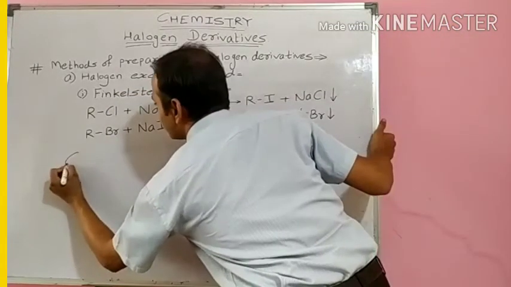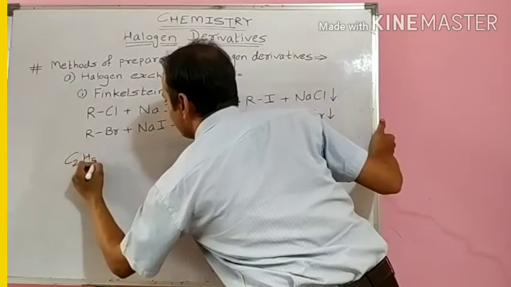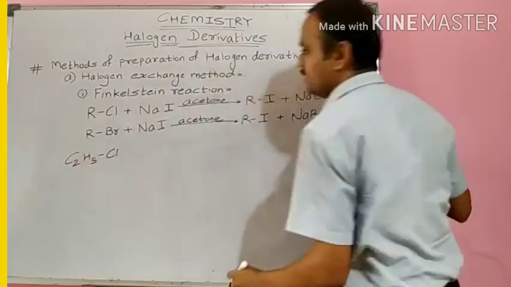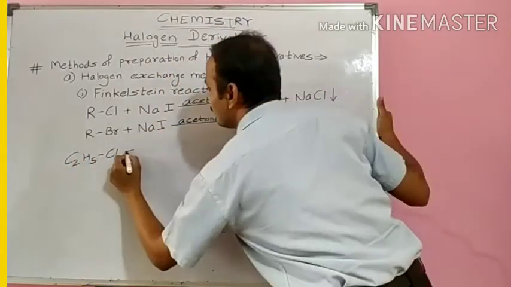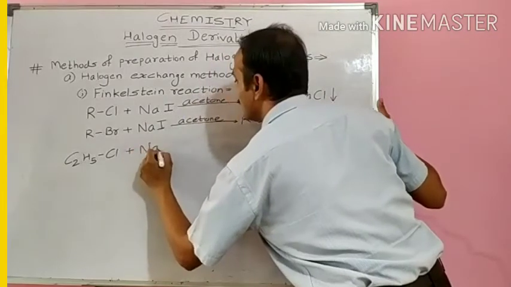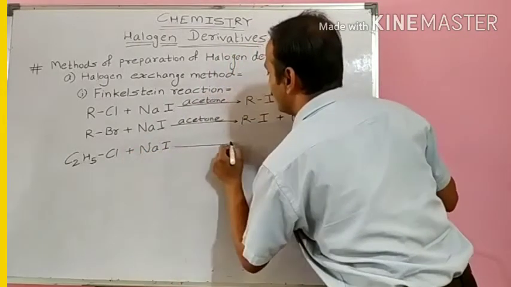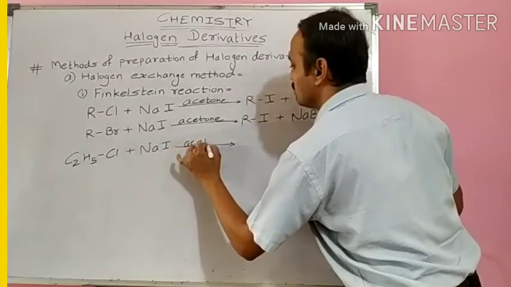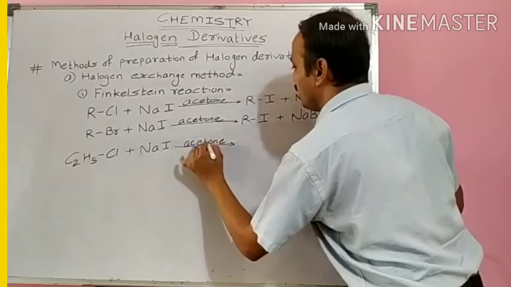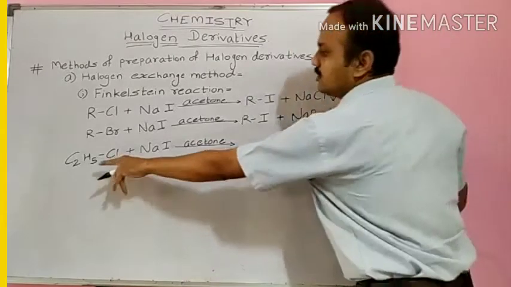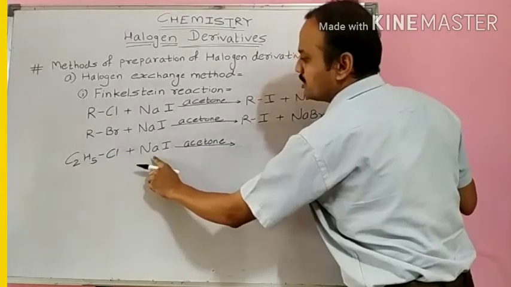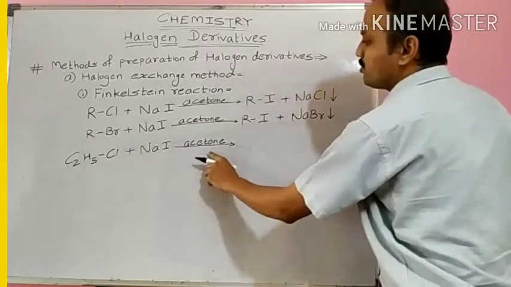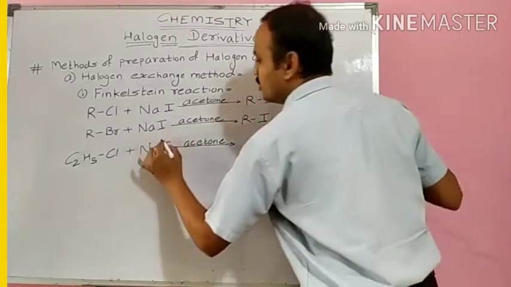We will take C2H5Cl, that is ethyl chloride, plus sodium iodide in the presence of acetone as the solvent.